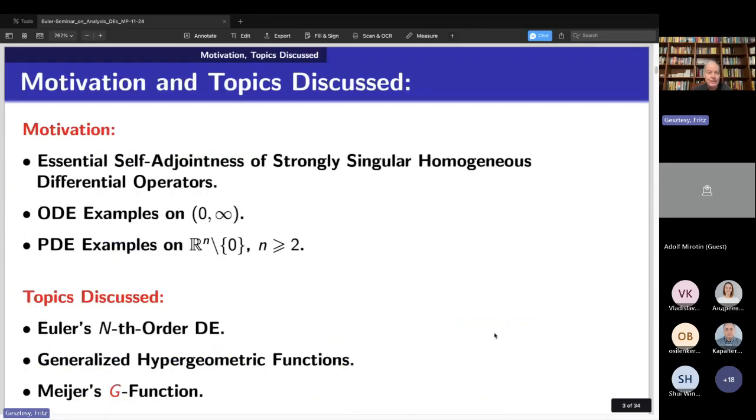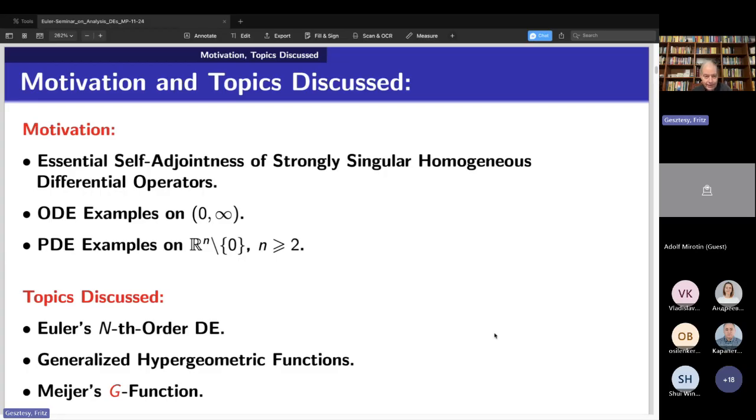So let me talk a little about the motivation. This is an offspring of investigations that we did, and I will say a little more about this soon, about essential self-adjointness of strongly singular homogeneous differential operators.